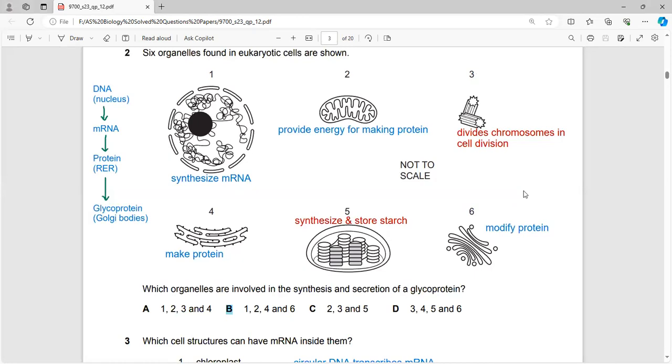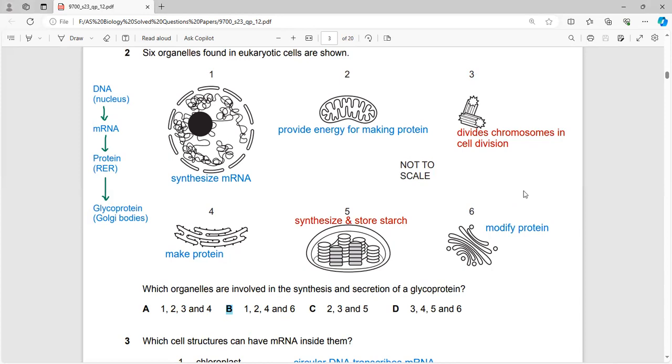Number 4 is endoplasmic reticulum. This is the rough endoplasmic reticulum, which combines amino acids to produce protein. Number 5, we have chloroplasts. That's another double membrane bounded organelle, and their function is to absorb sunlight and produce glucose, which in turn is converted into starch, so their function is to make starch and to store starch.